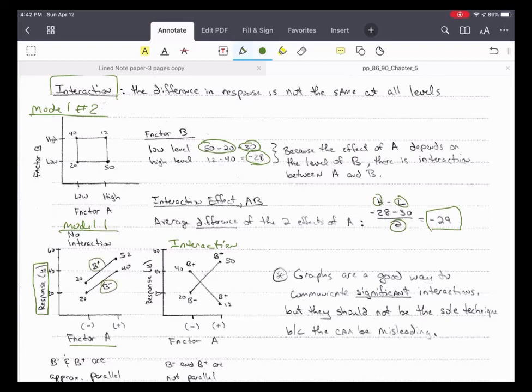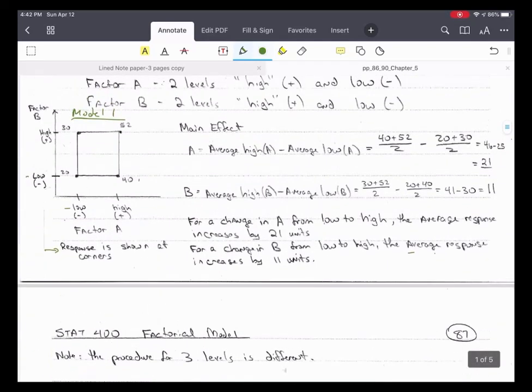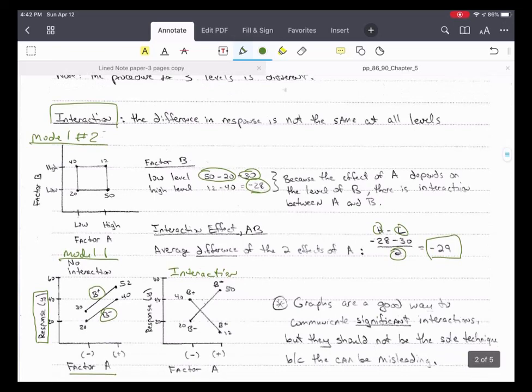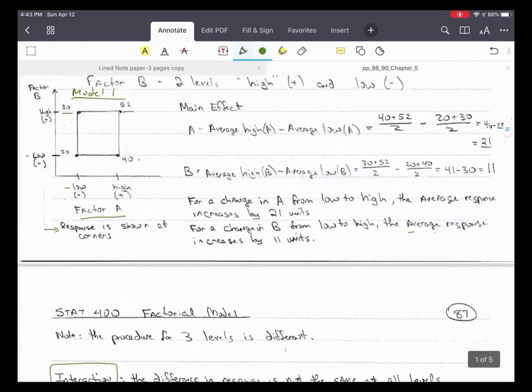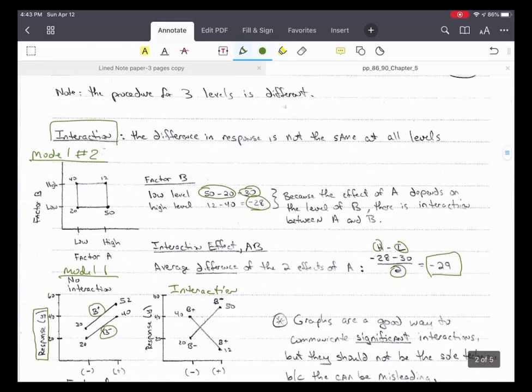For B at the high level, or B plus, we go from 30 to 52 as we go from low to high across A. And for B minus, the low level of B, as we go across A, we go from 20 to 40. And that's what we have drawn here.